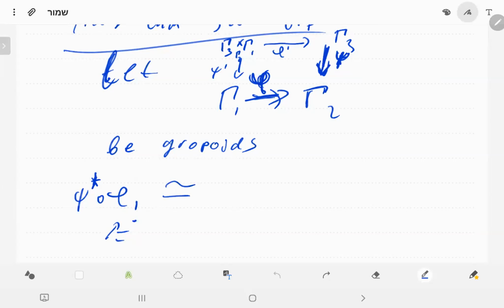Yes, it's a functor, so it's canonically isomorphic to first applying ψ' upper star, then φ' lower star.